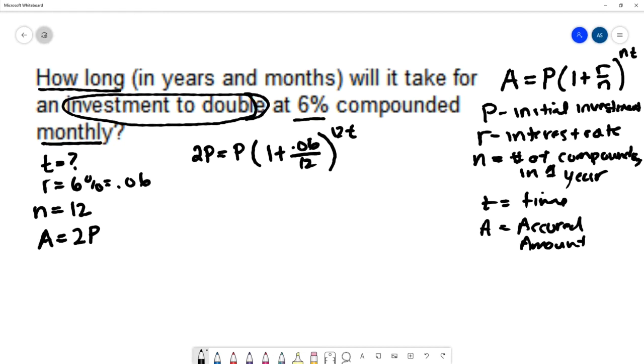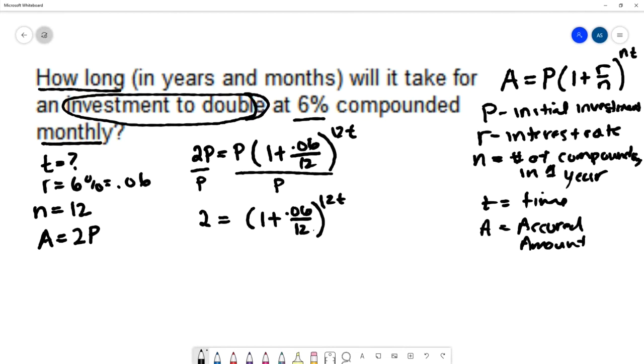We're going to start solving this by dividing by P on both sides. That's going to be 2 equals, 2P divided by P is 2. 2 equals 1 plus 0.06 over 12 to the 12T.